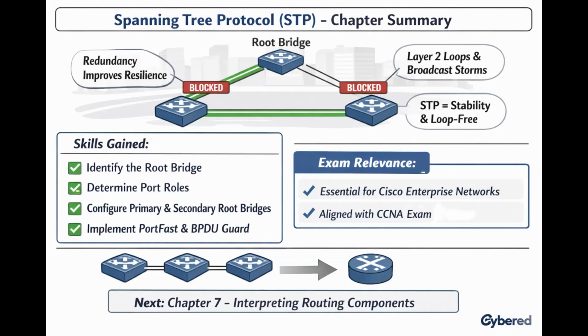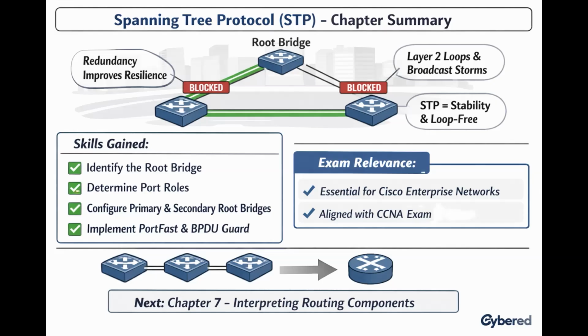Summary: In this chapter, you explored how physical redundancy can both improve network resilience and introduce serious issues such as layer 2 loops. You learned how spanning tree protocol prevents these loops and protects enterprise networks from broadcast storms and instability. By completing this chapter, you gained the ability to identify the root bridge and port roles within a spanning tree topology, configure primary and secondary root bridges, and implement PortFast with BPDU guard to protect edge ports.